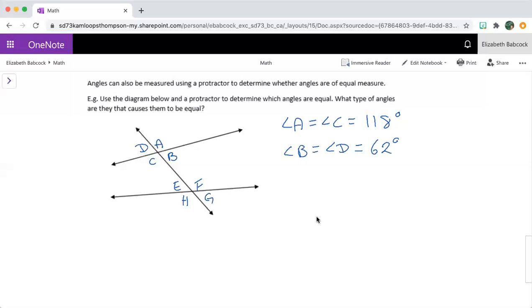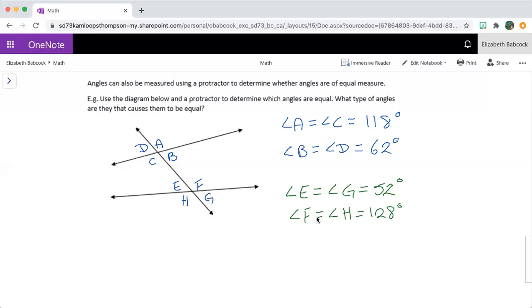That is the first one for the first intersection. I will do the second intersection in green. So you have angle E equals angle G equals 52 degrees. And then you have angle F equals angle H, which is equal to 128 degrees.